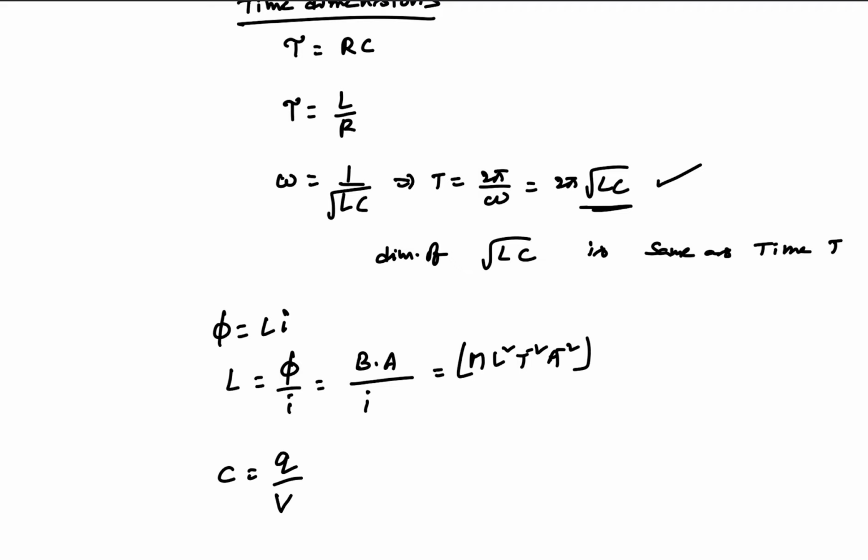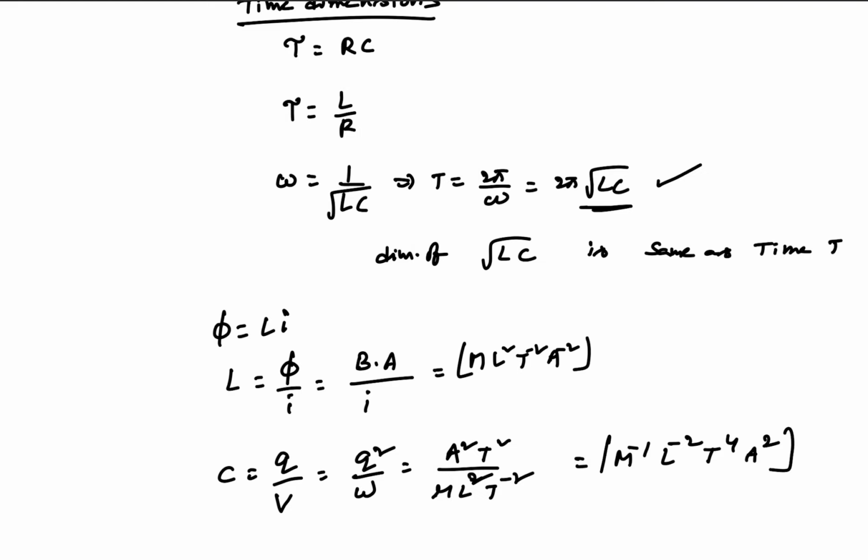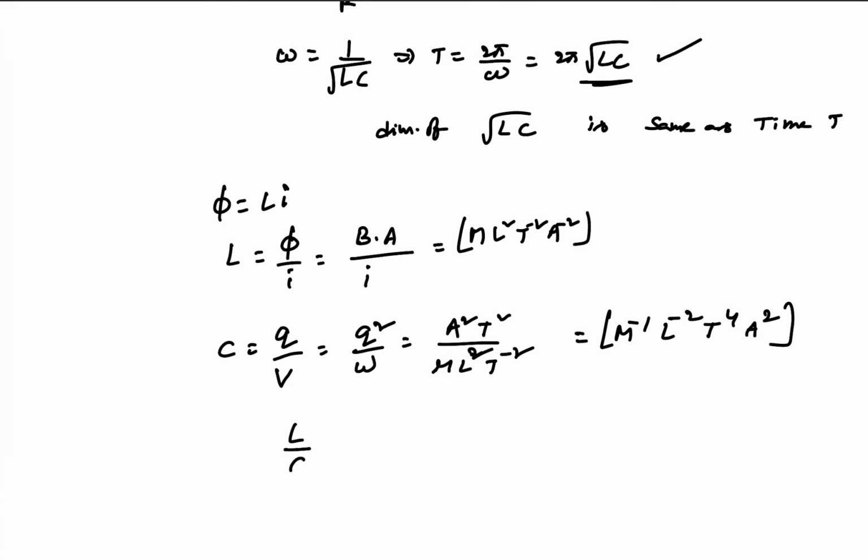That is L. And C, what is the C value? That also I have written earlier: C is Q by V, that is Q divided by the work. Q squared is A squared T squared, divided by M L squared T power minus 2. You can write it as M power minus 1, L power minus 2, T power 4, A power 2.